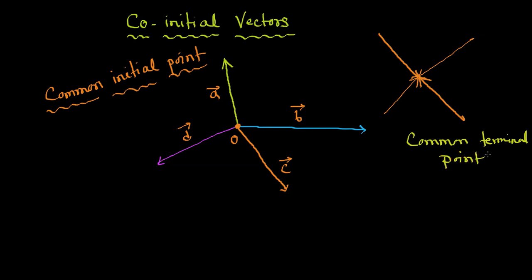So when there is a common terminal point, what is it called? It is called co-terminus vector, right?